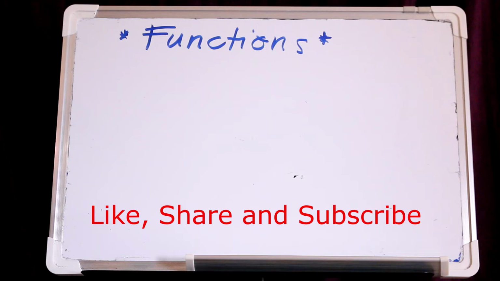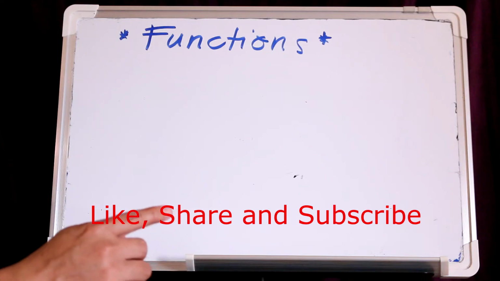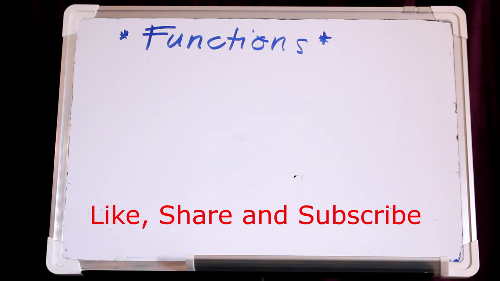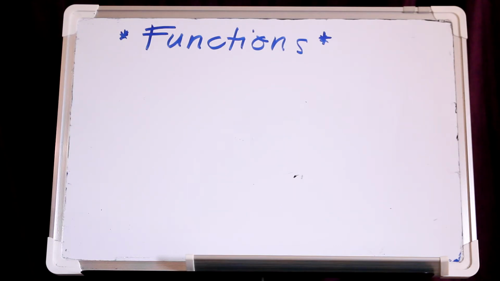So how much time will you take to walk a certain kilometer? So if the distance changes, time also changes. So that is a one-way function. That's what function means.